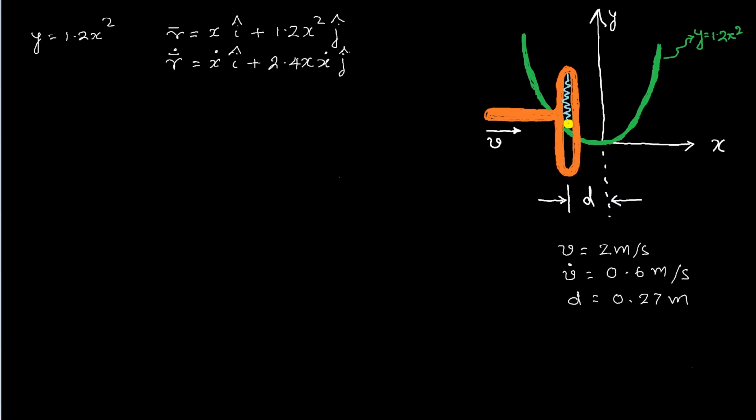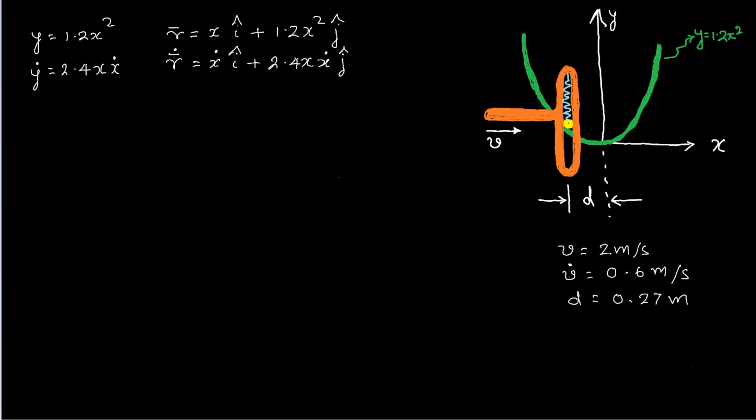Right, now this expression in another way we can write, just from this relationship, that y dot is equal to 2.4 x x dot. Now these are the two ways in which we can express things.